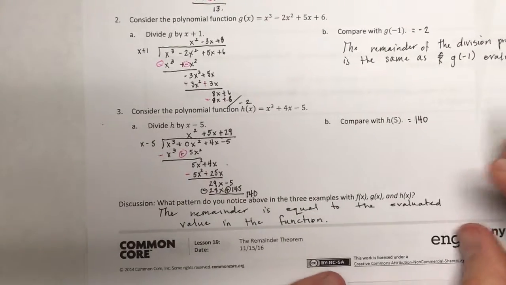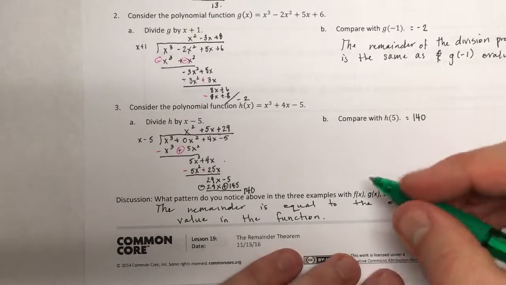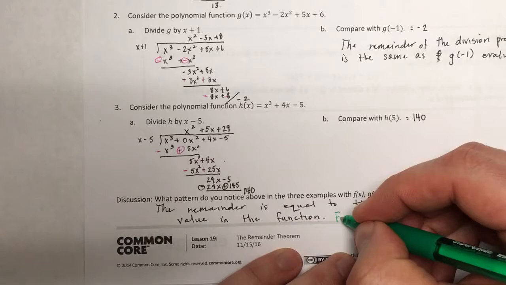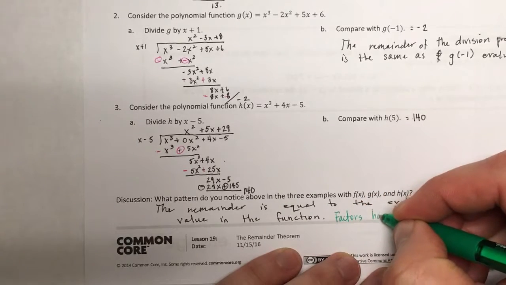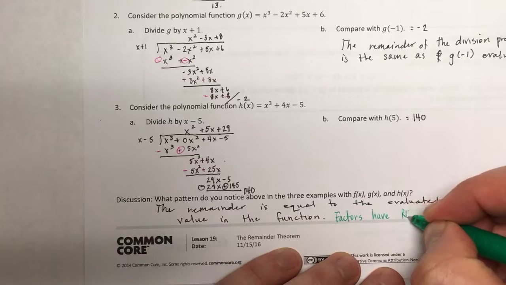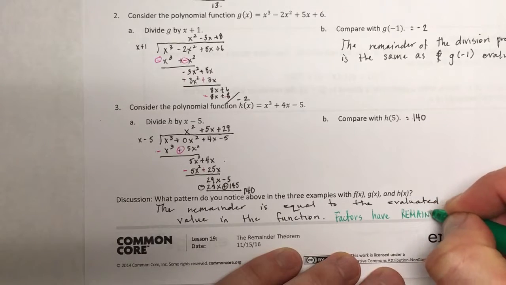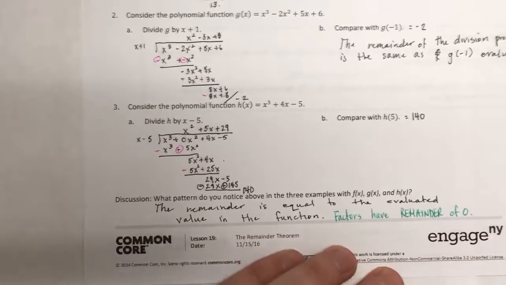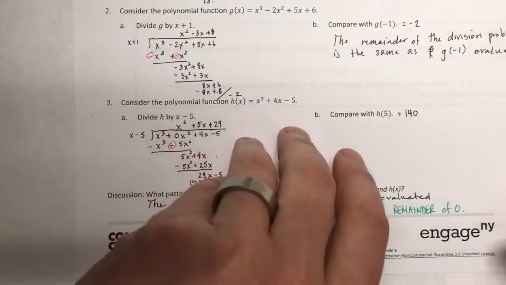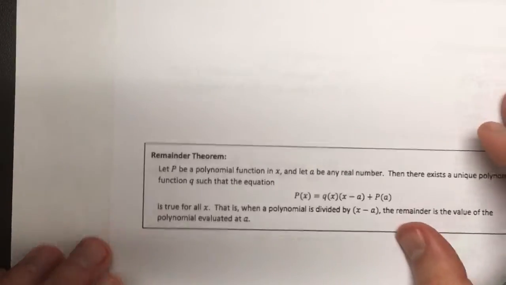Well, if we're trying to figure out if something's a factor, remember, factors have remainders of 0. And so ultimately we can use this, and you'll see some problems in the classwork that do.